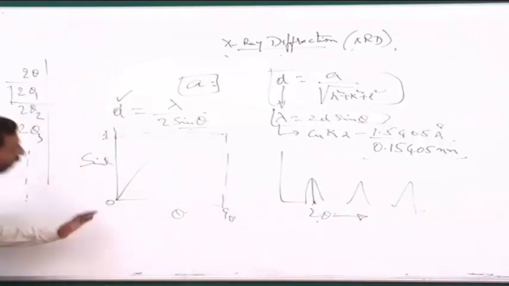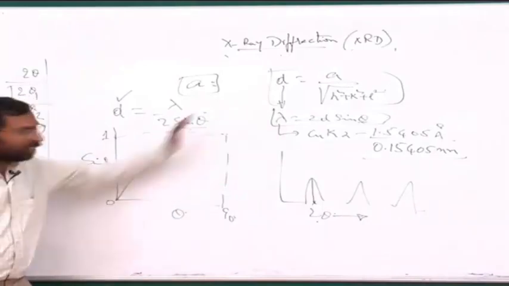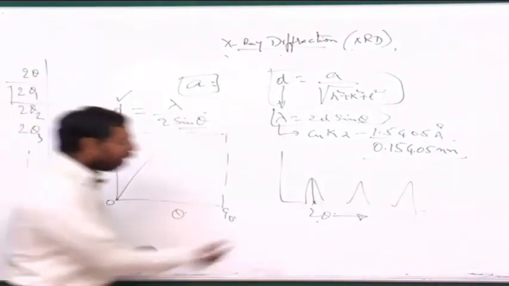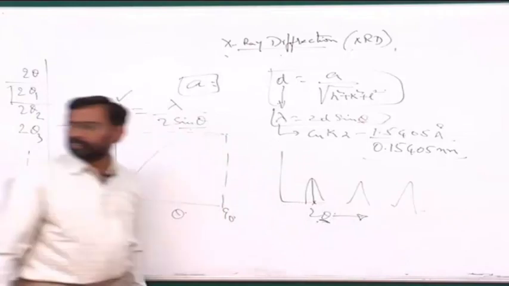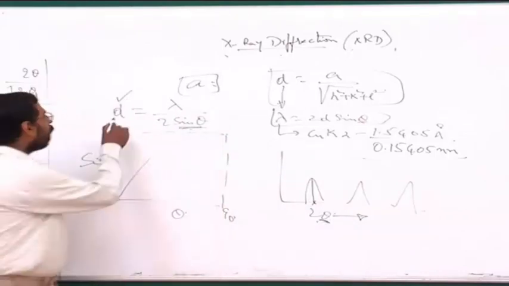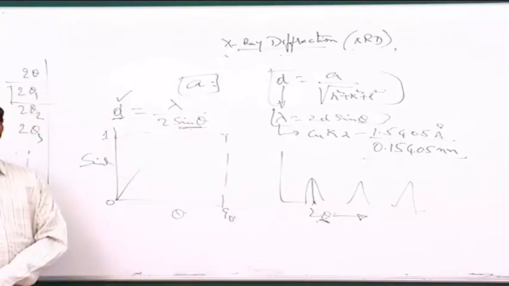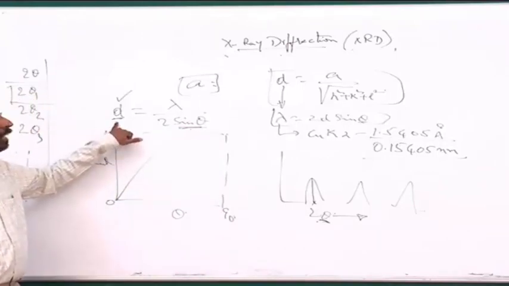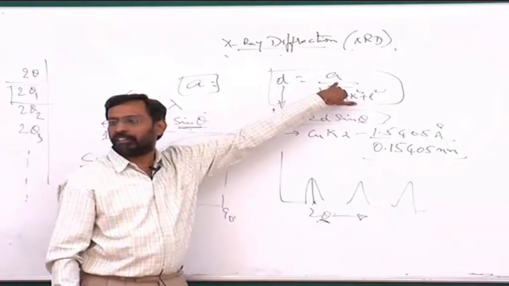And this is not linear. Because this is not linear, a small error in the theta will cause some error in sine theta, and that will cause some error in your D.